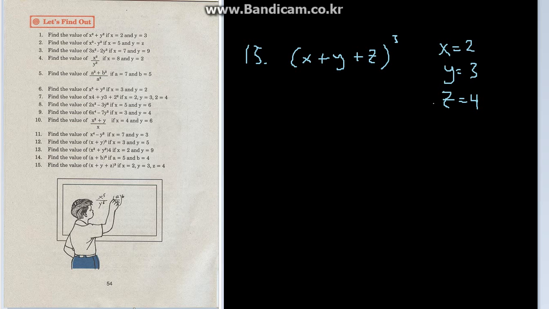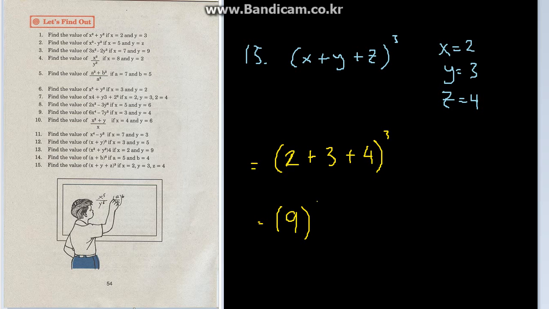We plug those numbers into this expression. So x is 2 plus y is 3 plus z is 4, the whole thing to the third power, and 2 plus 3 is 5 plus 4 is 9.